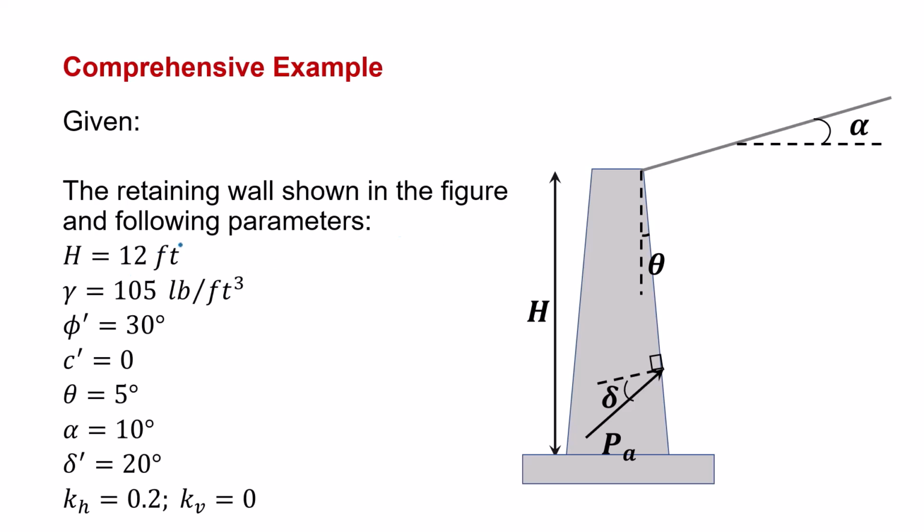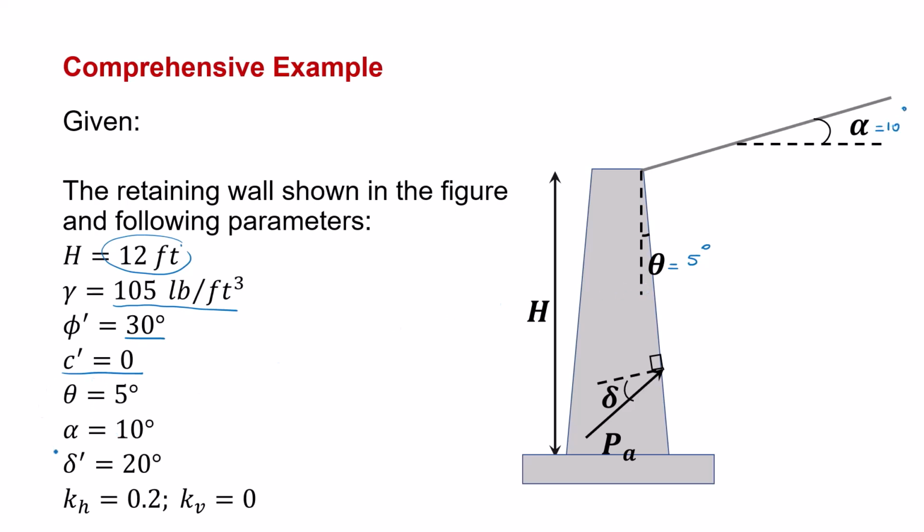The height of the wall is 12 feet. Gamma of the soil behind the wall is 105 PCF, or pounds per cubic foot. The soil is granular. Phi prime is 30 degrees and C prime is 0. The angle theta is 5 degrees and the slope of the ground is 10 degrees.